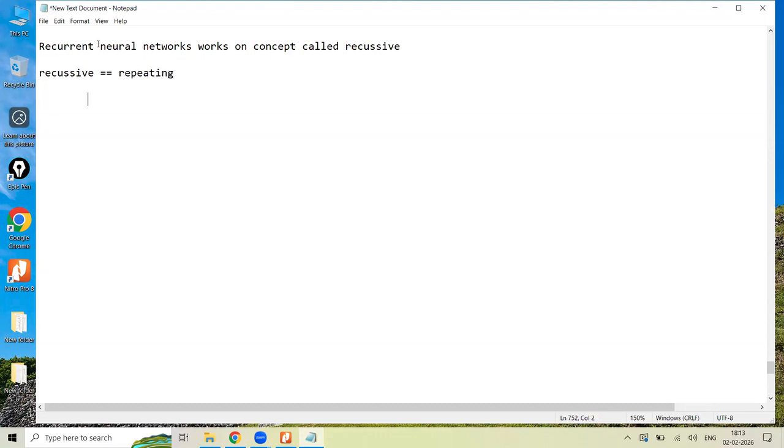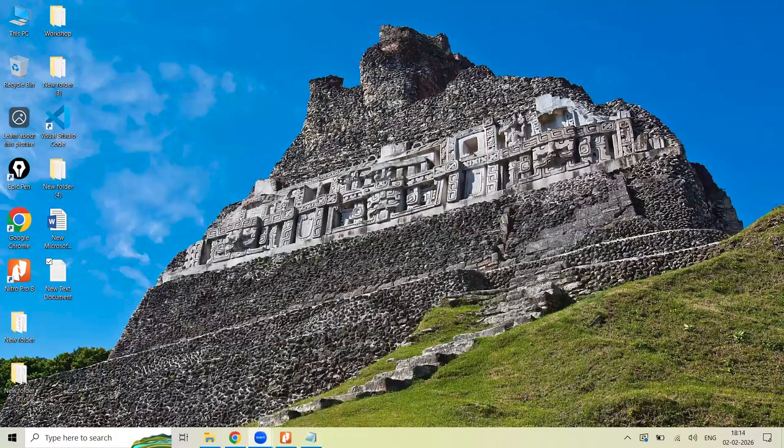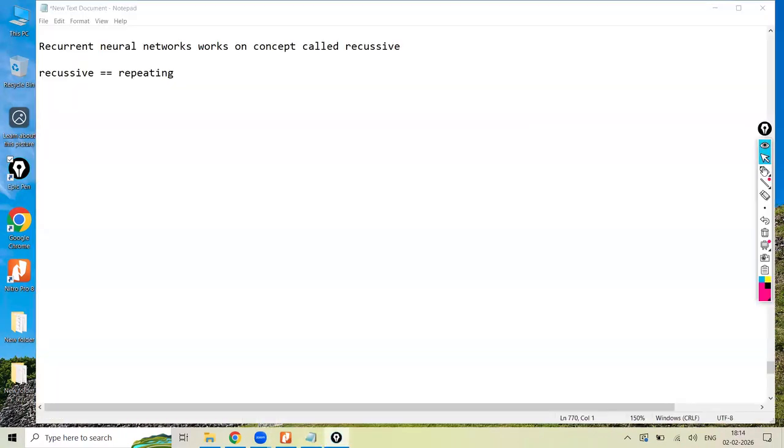The best example for a recursive function is the factorial function. For example, n factorial is n into (n minus 1) factorial.